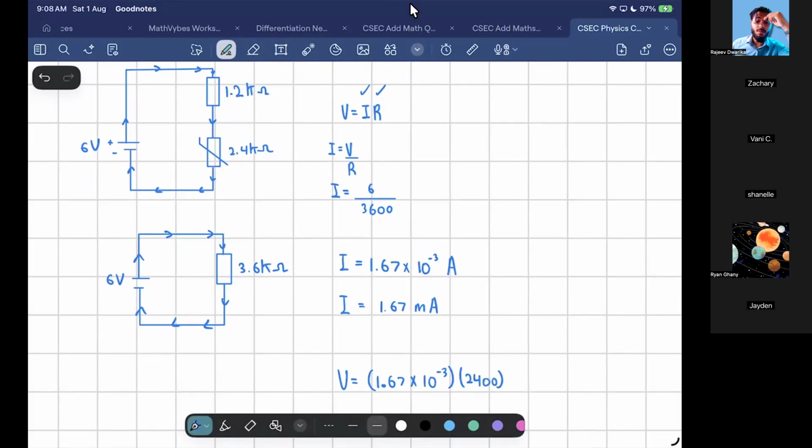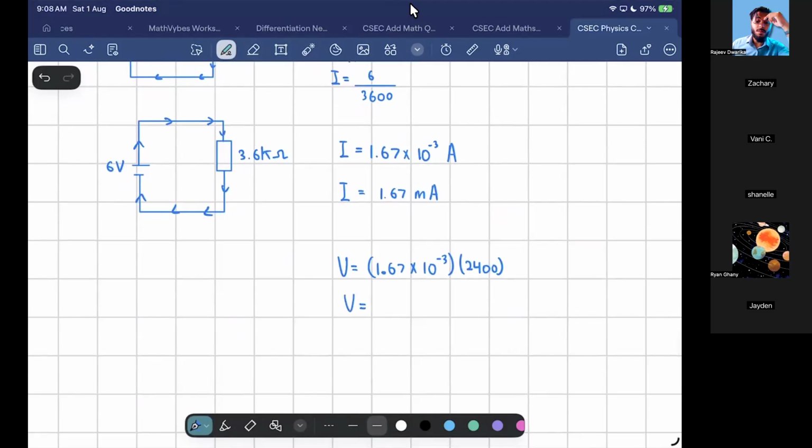So plug that into the calculator and let me know what you guys get. 4.008. Y'all got that? 4.008? Yes, sir. Give me an answer to two decimal places, man. Chanel, give me an answer to two decimal places. 4. Two decimal places. Would be just 4.00.